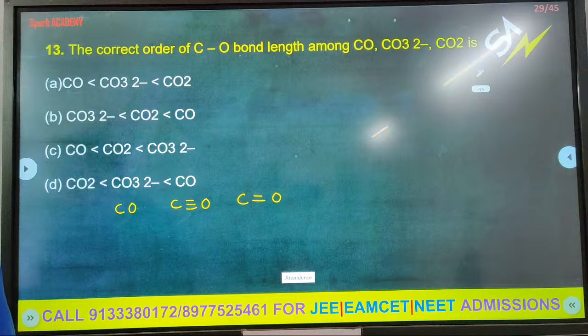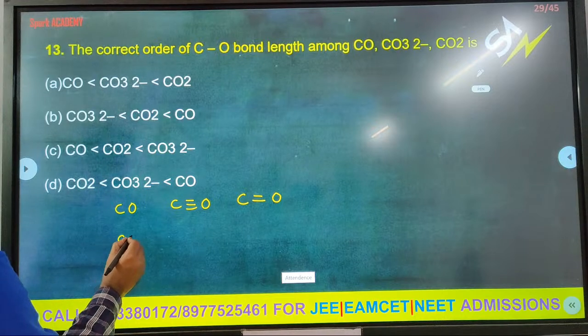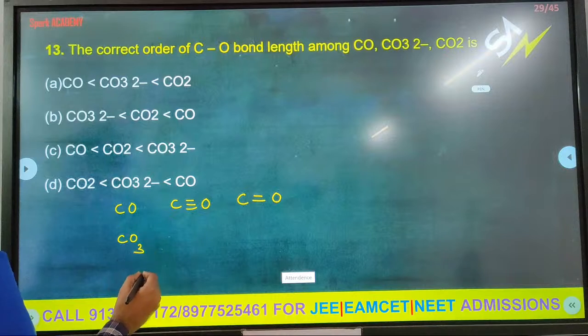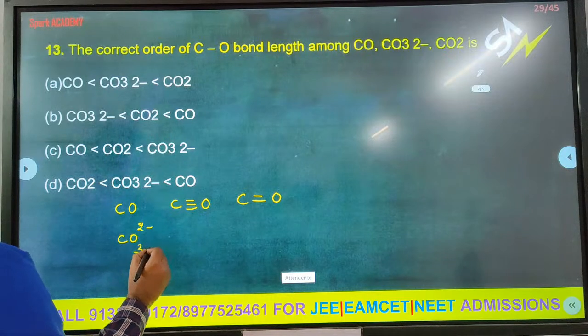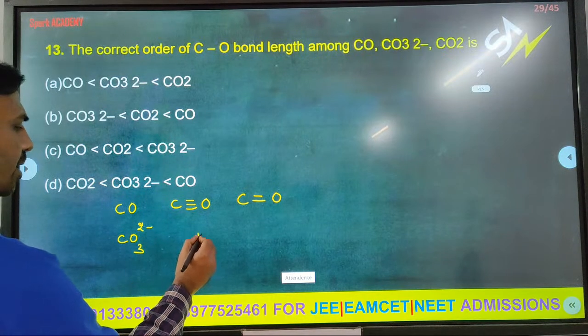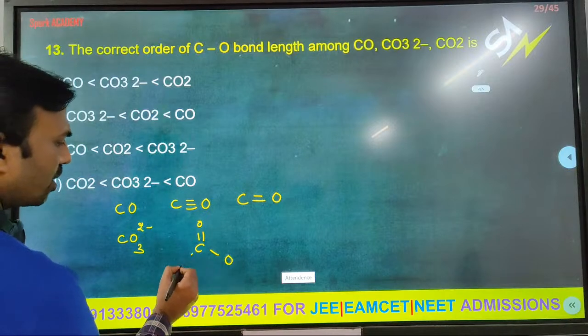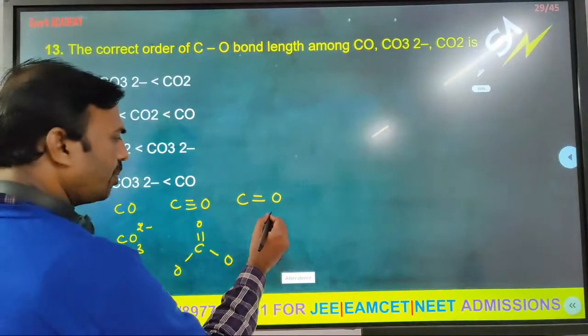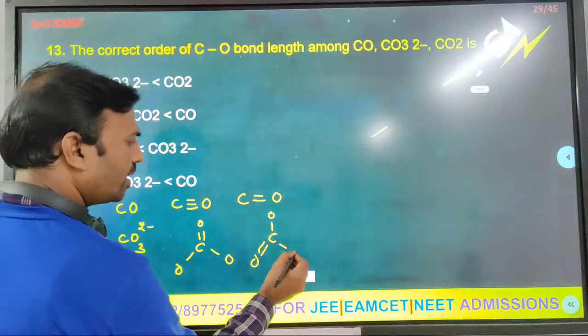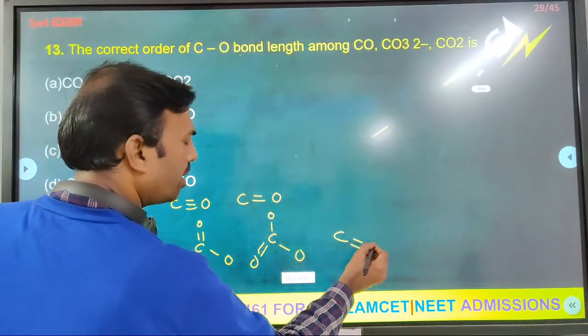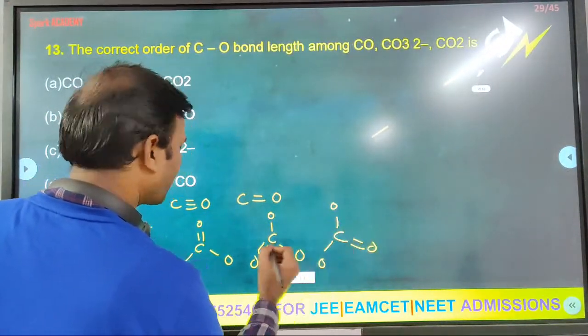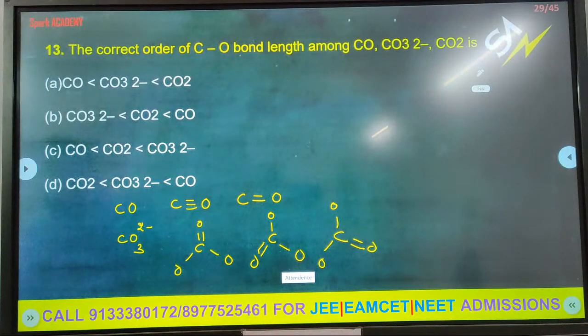Now in the case of CO3 2 minus, the central atom is carbon. One side is a double bond, the others are single bonds, and the position of the double bond changes in resonance.